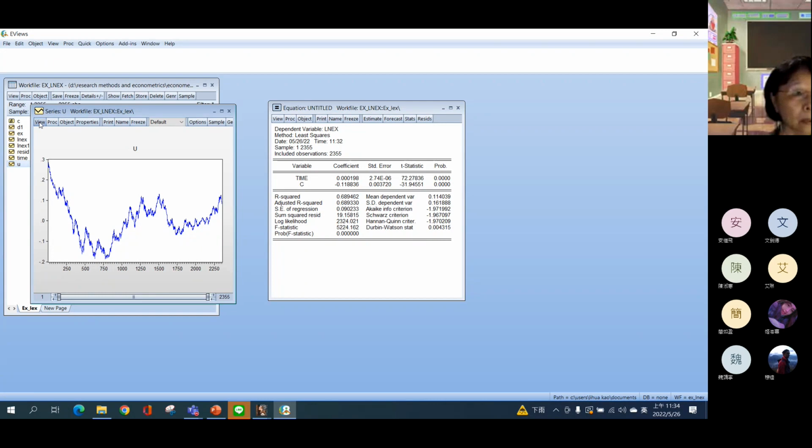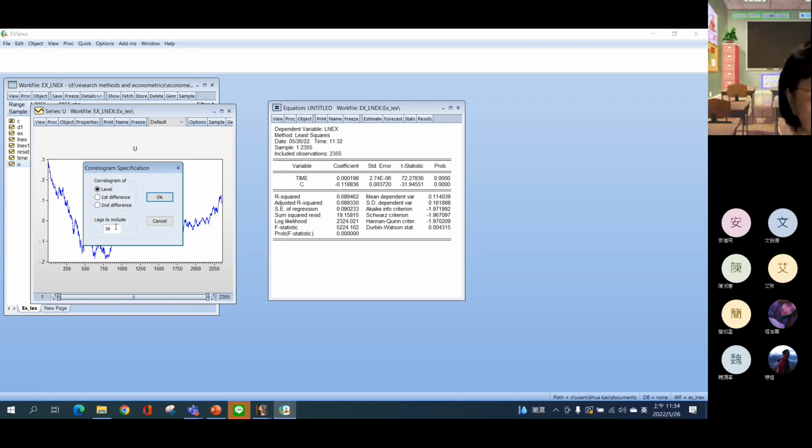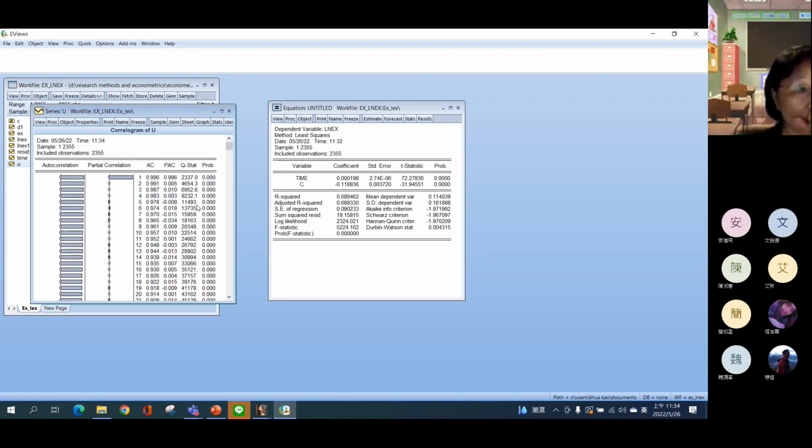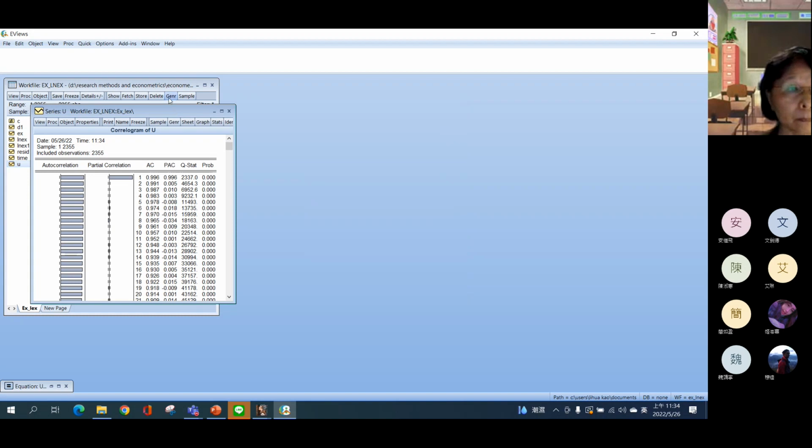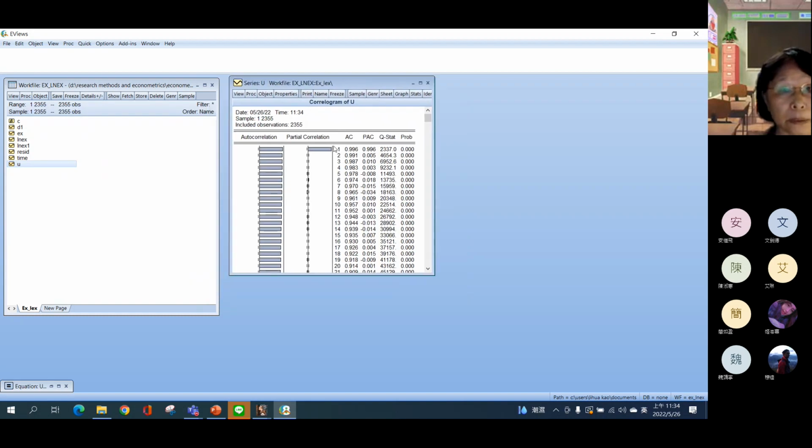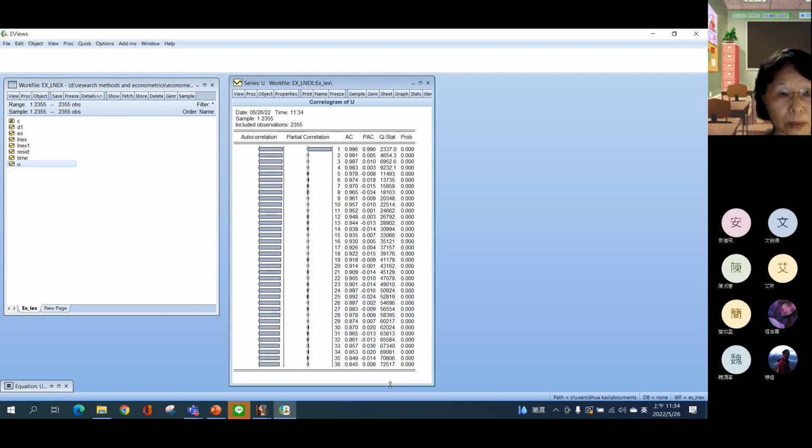Then I can look at the correlogram again, up to 36. And look at these autocorrelations. Look at this one. Still very high.